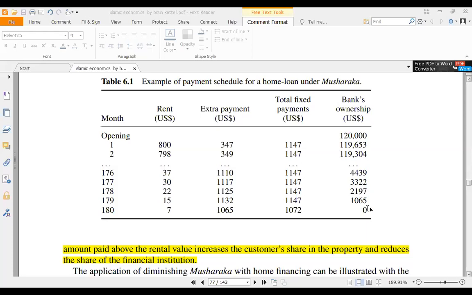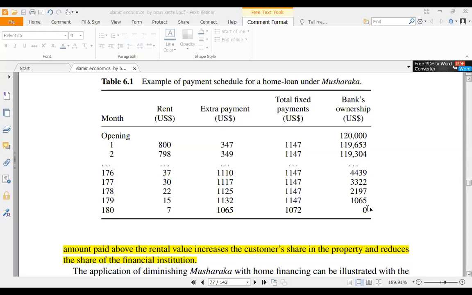The ownership will be transferred after the last amount, after the final payment by the customer. With the passage of time, bank ownership will decrease and the customer ownership will increase.